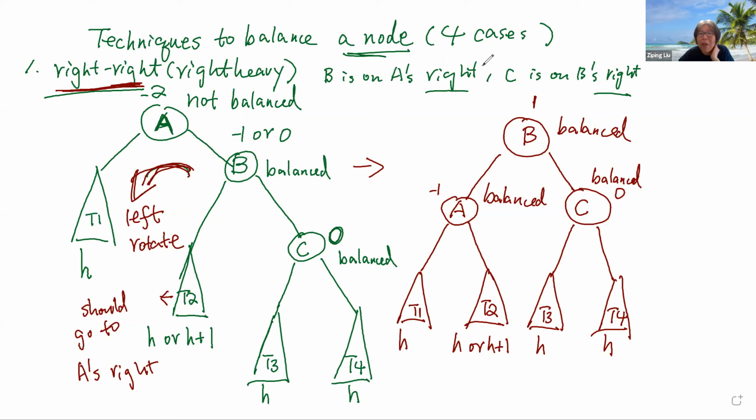Of course, node A also has its parent node, and then you can reconnect B to its parent node. Then this tree is balanced. This is a way to deal with a right heavy tree. So that's the first case.